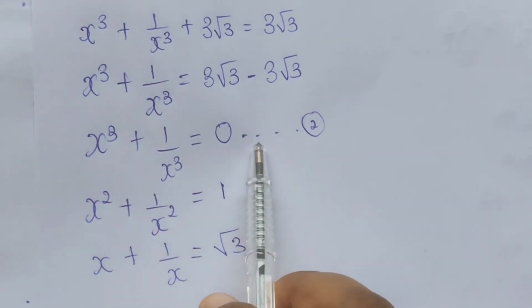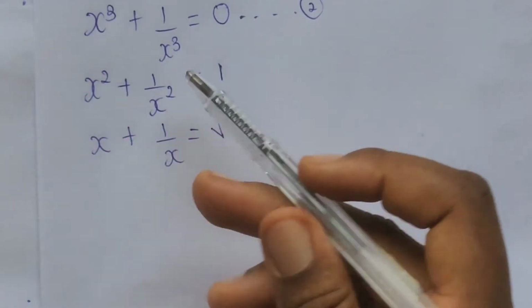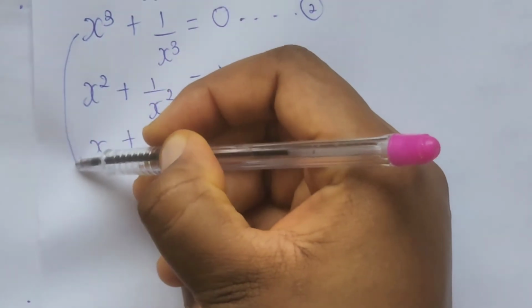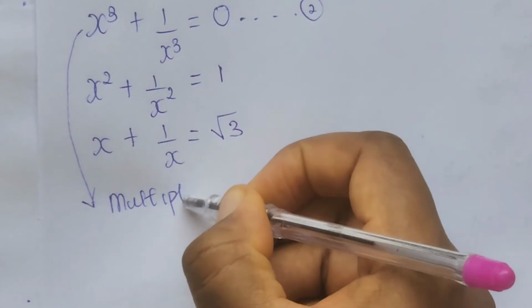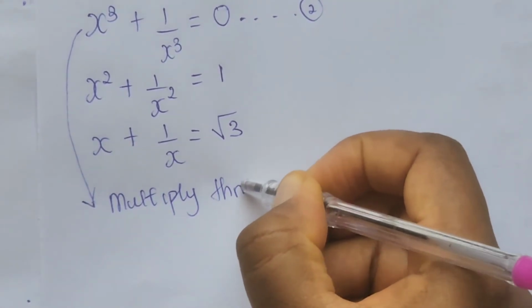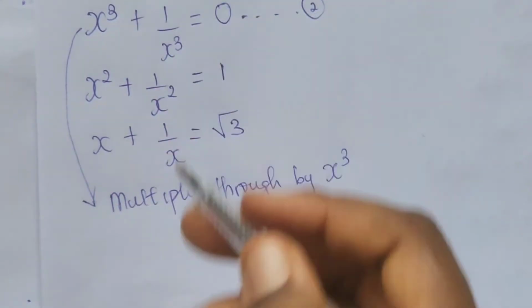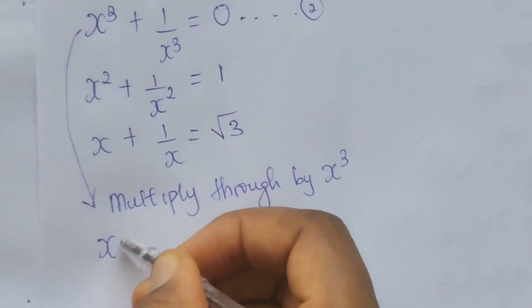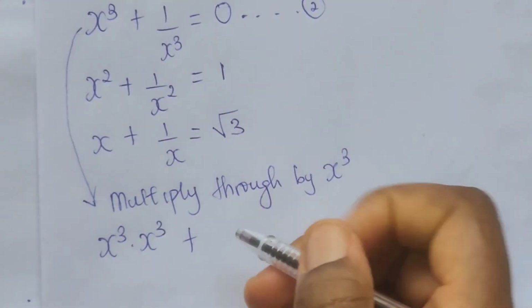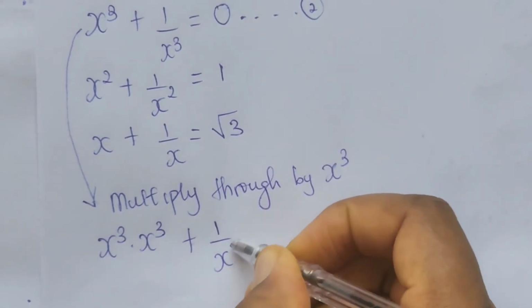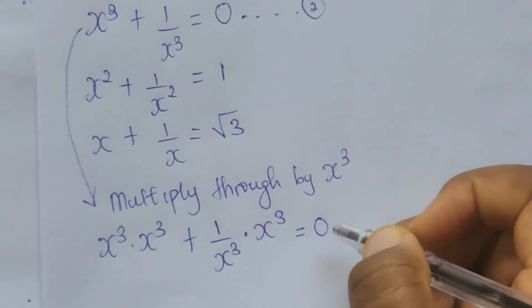So let's resolve this equation 2. Resolving this equation 2, let's multiply through by x cubed. We now have x cubed times x cubed plus 1 over x cubed times x cubed to be equal to 0.